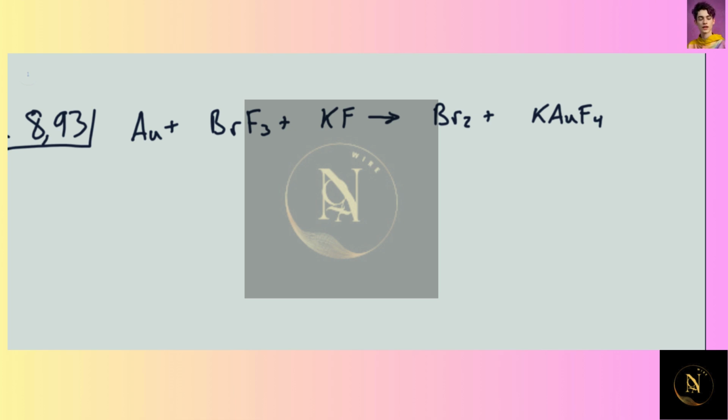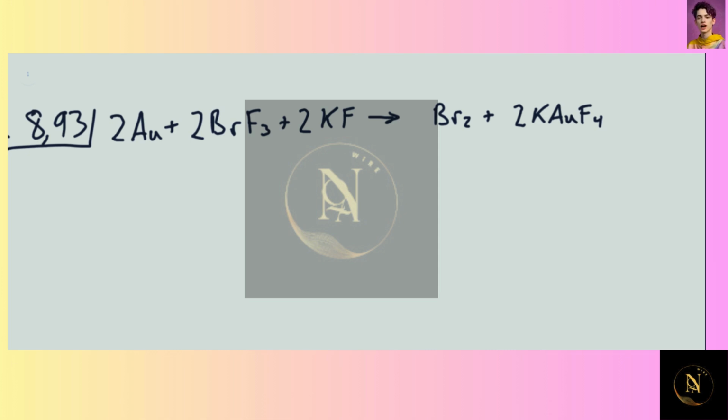We'll need two BrF3s because we have Br2 on the right side. This means we're going to need two potassium fluorides, so we can have an even number of fluorine, 8 fluorine. So we have now 8 fluorine on this side. So we have a balanced equation.